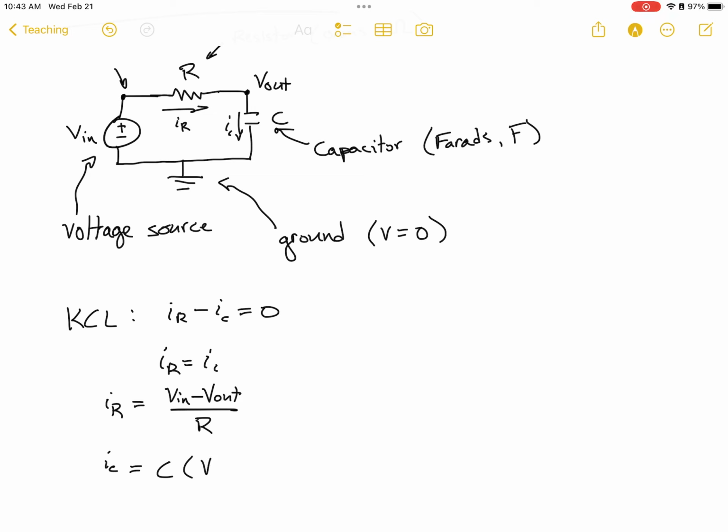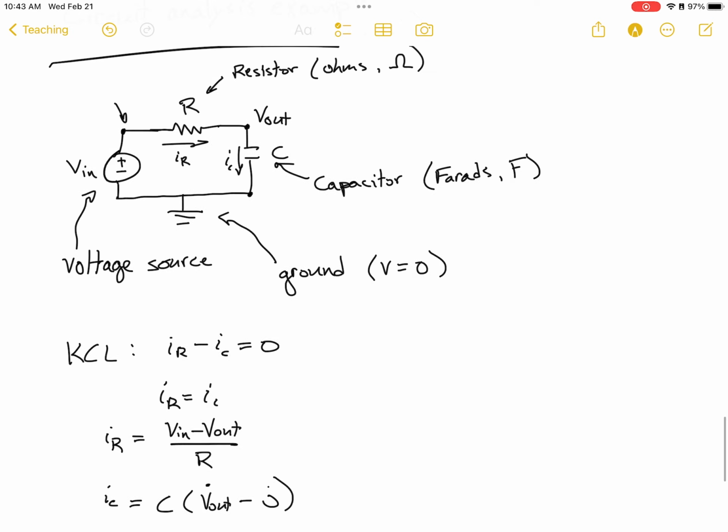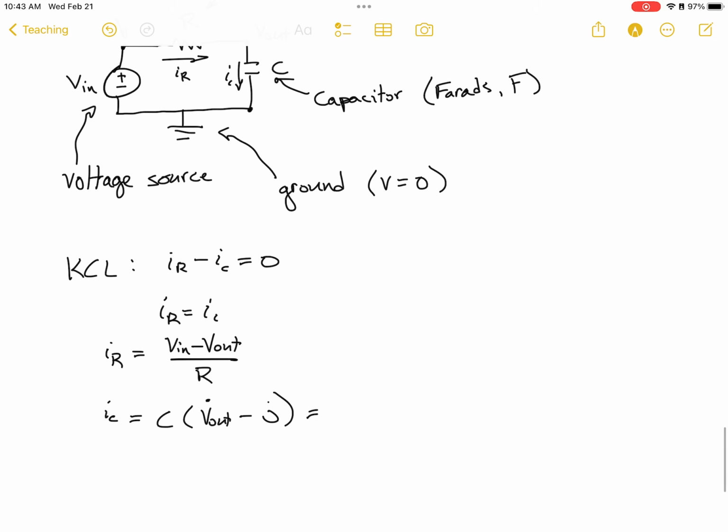So it would be V out dot minus the voltage over here is 0, so the derivative is 0. So IC is just equal to C V out dot. So now I can plug in IR and IC back into our equation. So V in minus V out over R is equal to C times V out dot.